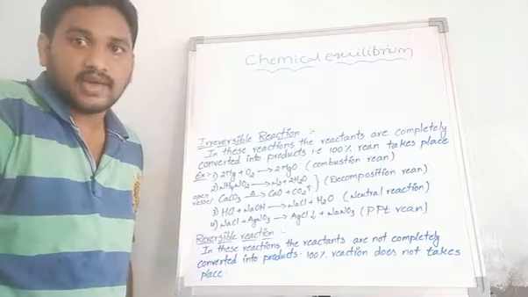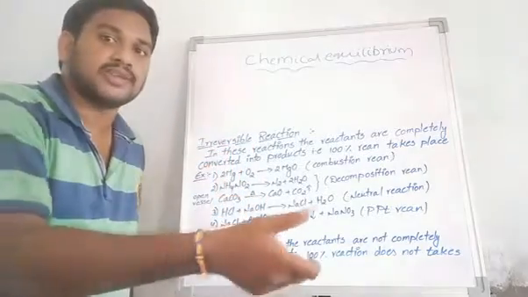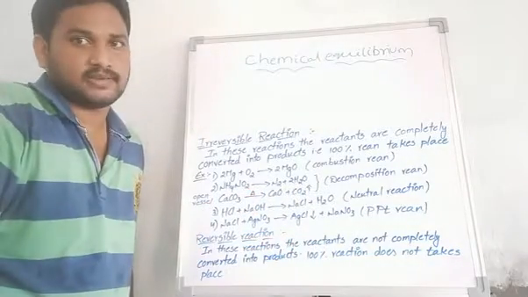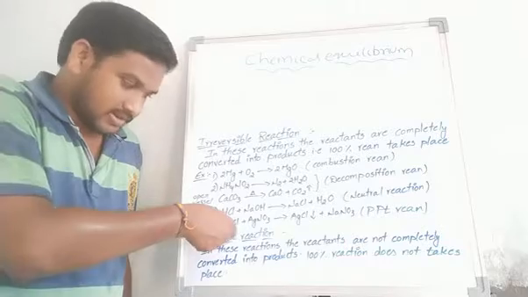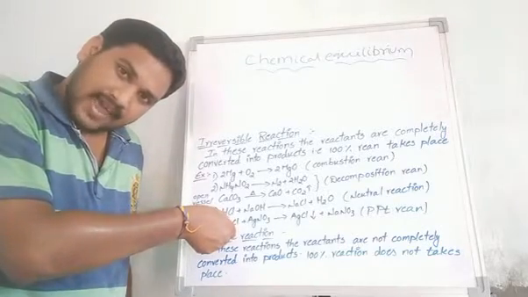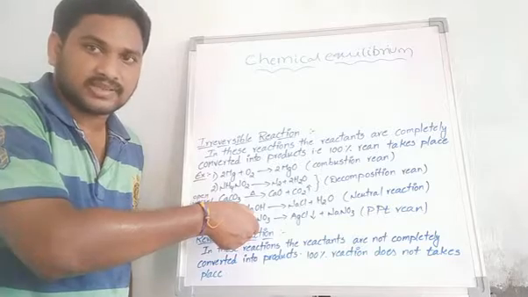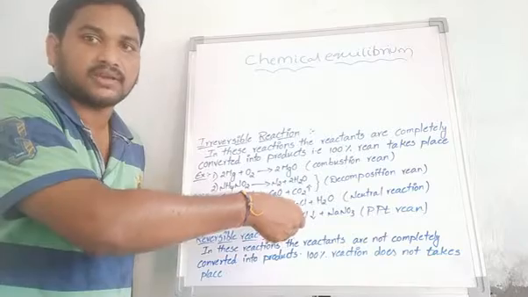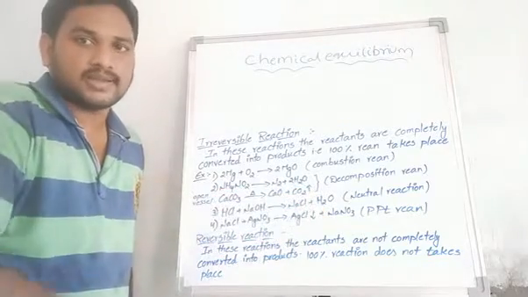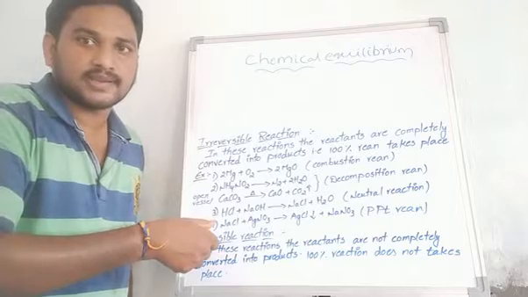Because the salt, when added to water, does not give back the acid and base. That is no reaction, students. So when HCl acts as the acid and NaOH, sodium hydroxide, is the base, both react to form salt and water molecule. That reaction is called the neutralization reaction.